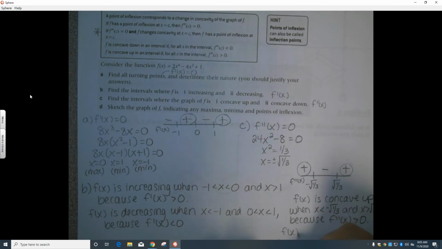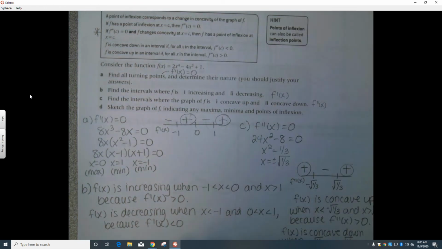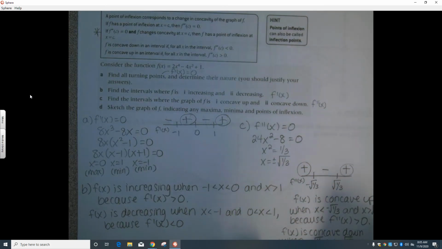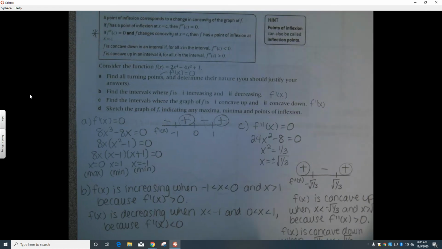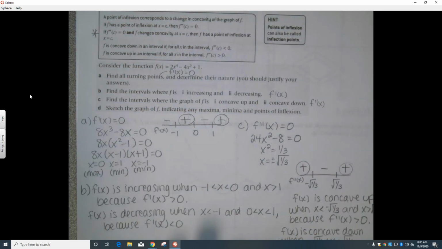And then we write the same sentence, f of x is concave down between these values because f double prime of x was negative. Oops, sorry guys.